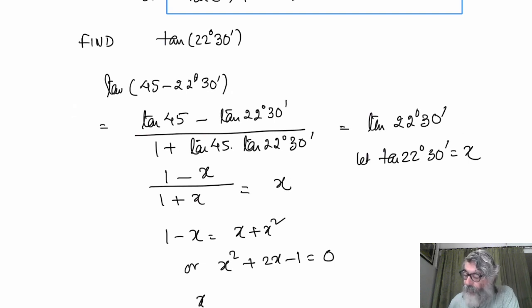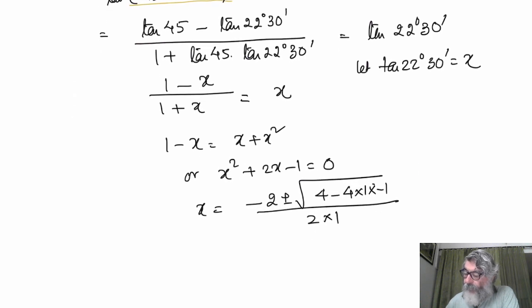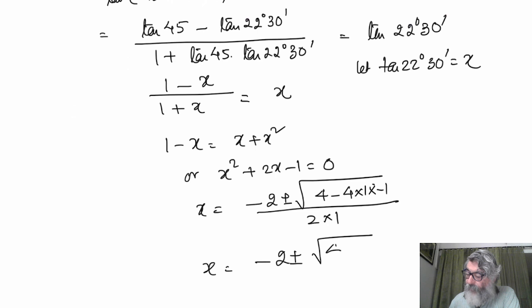So x will be (−2 ± √(4 + 4)) upon 2, which is (−2 ± √8) upon 2. √8 is 2√2, so 2 will cancel and it becomes −1 ± √2.